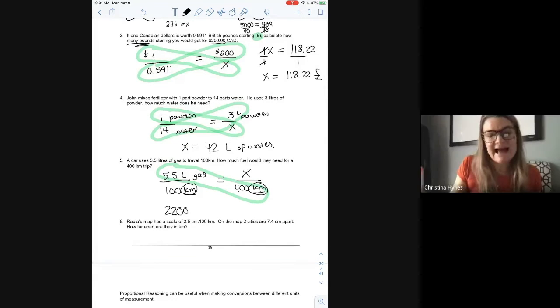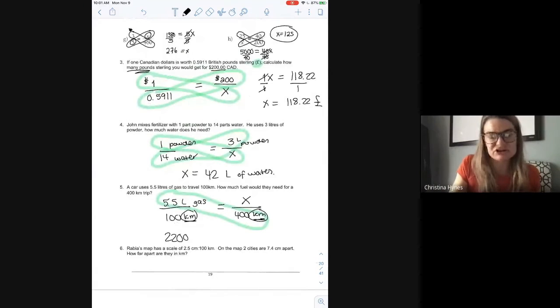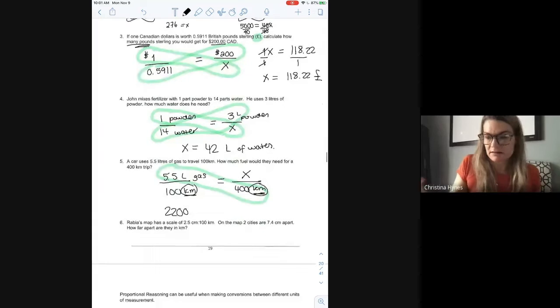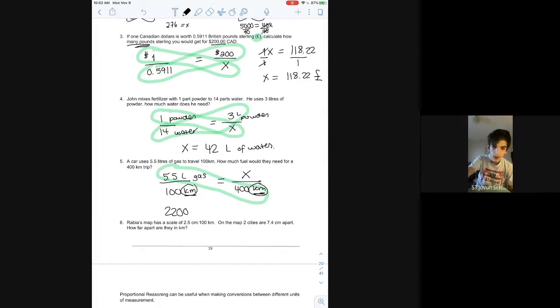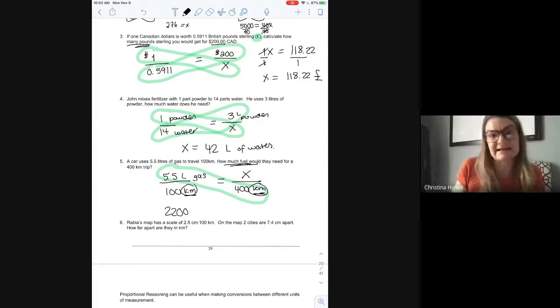So I had to put 400 there for them to line up. Just over here, I had to put liters at the top because I was given liters, right? Since I didn't know the gas amount that I can use for 400 kilometers, that's what I set x to. So I didn't know what that was. Okay. Because the question is, how much fuel will I need? So I don't know that.